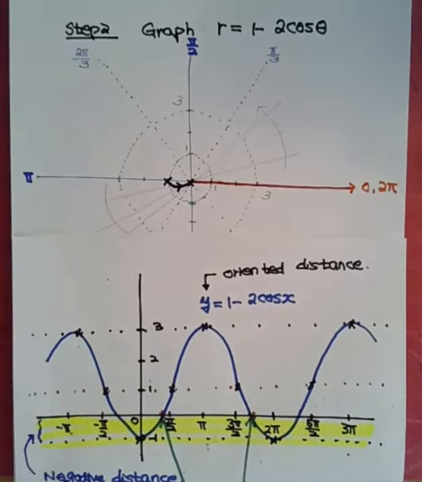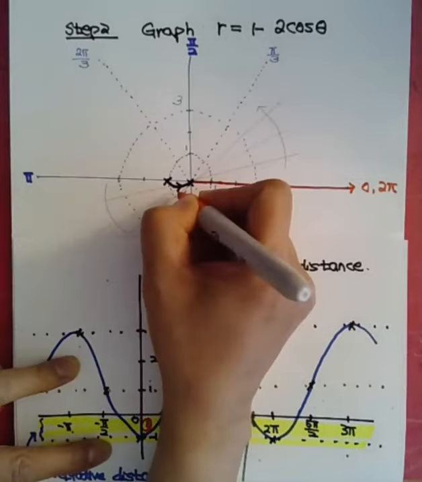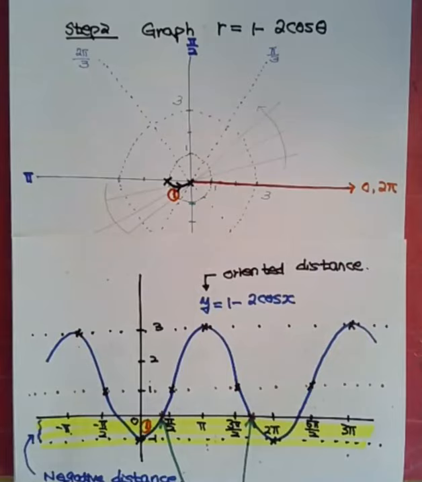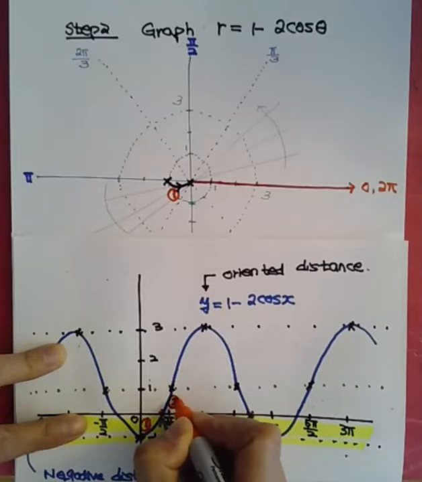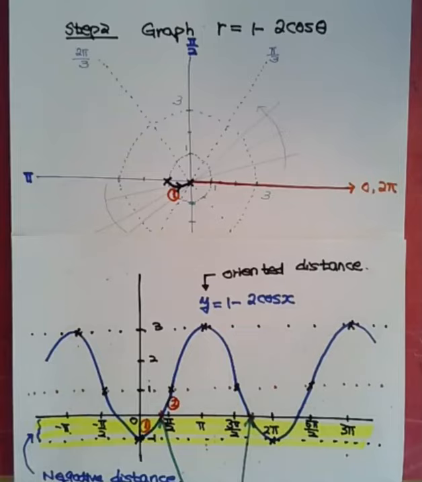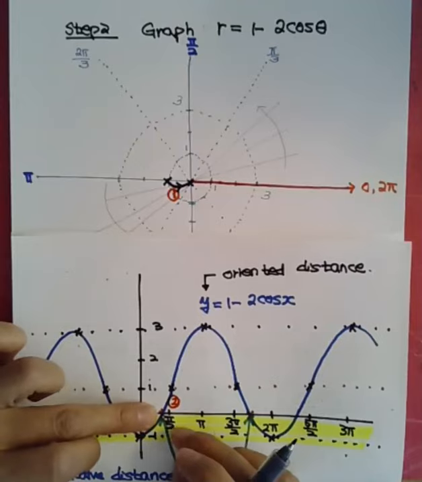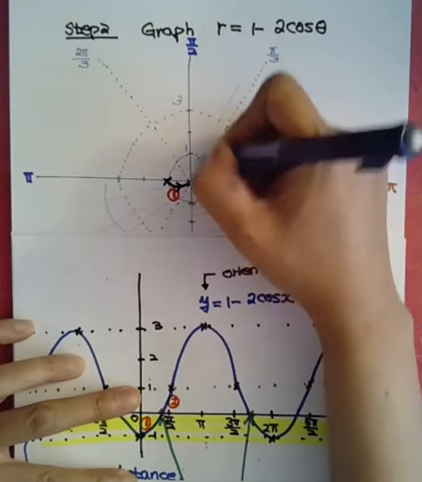Let's say that part is region 1. And in region 2, the angle varies between pi over 3 and pi over 2. So we are thinking about these angles.